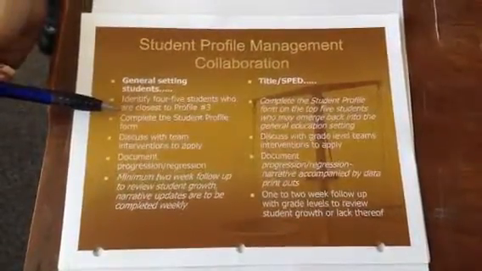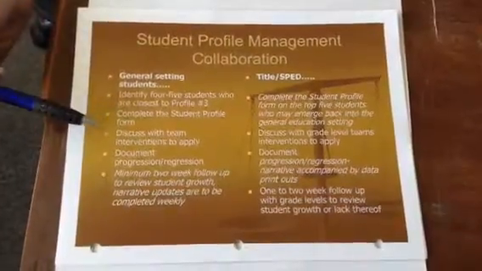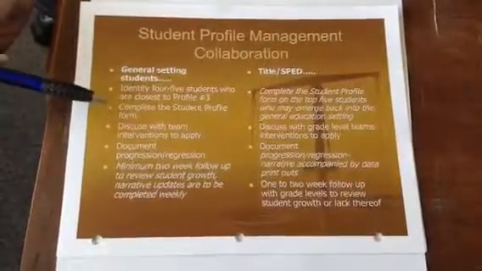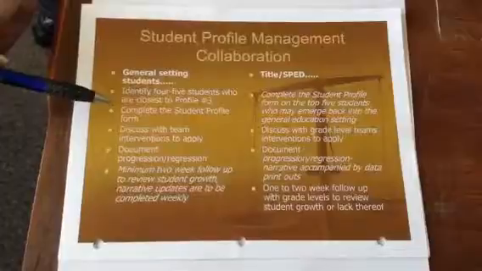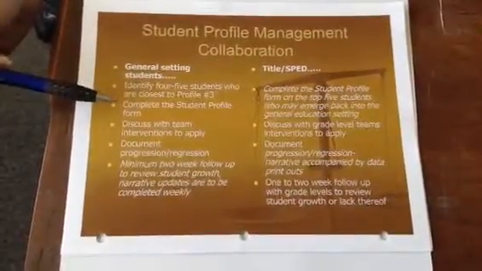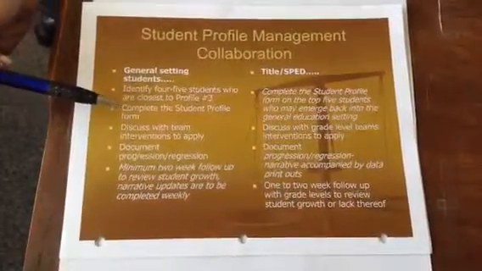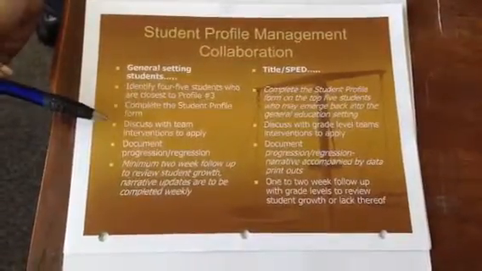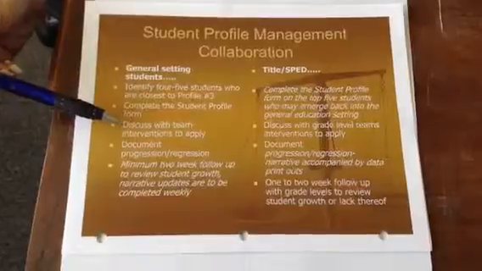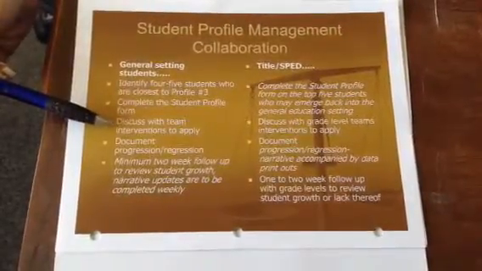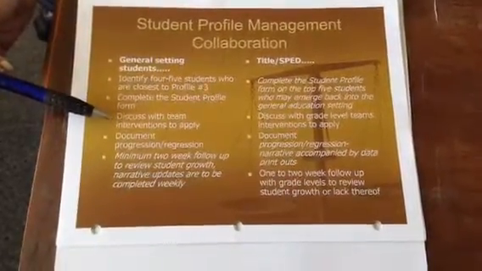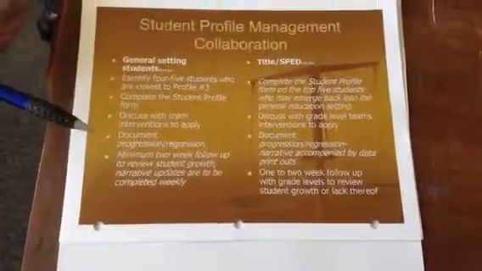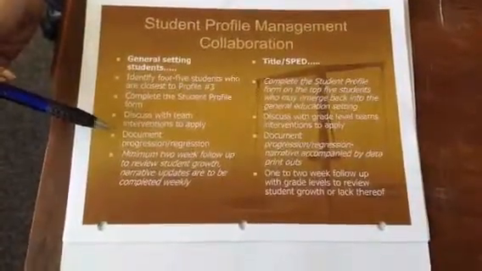Once we did this, we completed a student profile form which identified specific information about formative and summative assessments and also accommodations made in the classroom, example being preferential seating, discussion with the teams, interventions that would apply. Again, this would be time for the teacher to receive feedback from their colleagues and reflect on what they can further do in their classrooms.